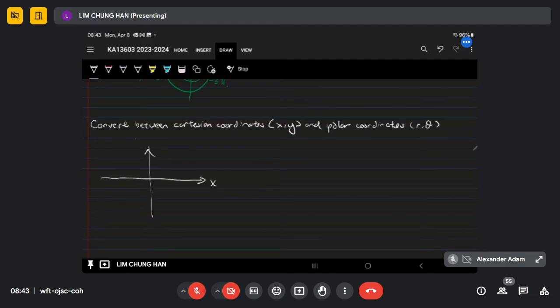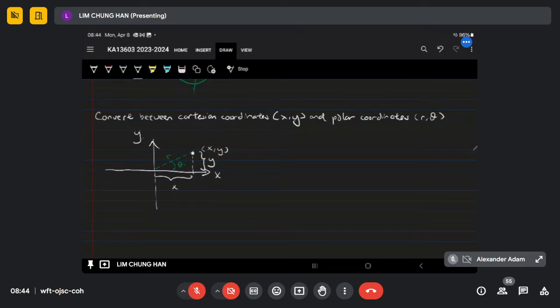When you have x and y axis, and I have a point xy, the horizontal distance is x, the vertical distance is y. If I were to represent this in terms of polar, it would be an angle theta and a radius.